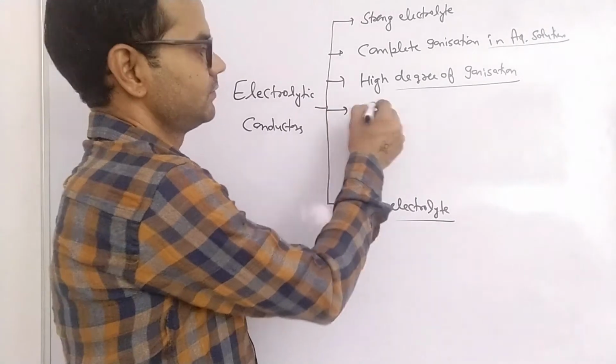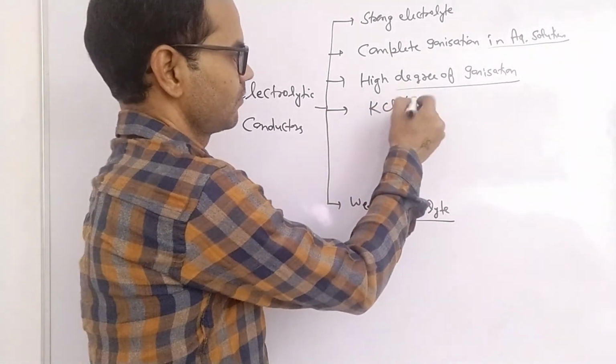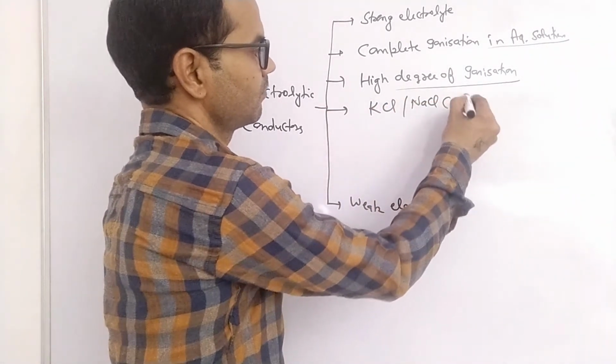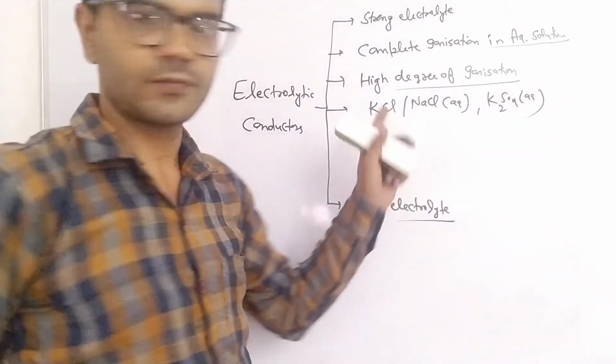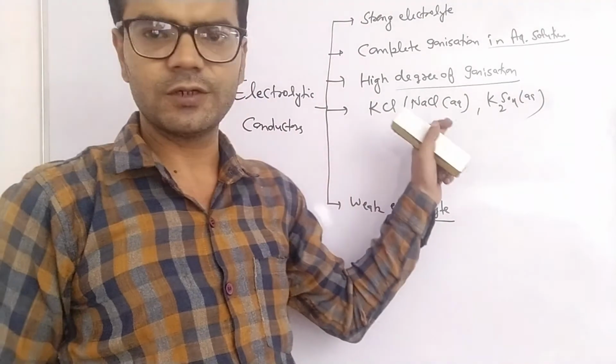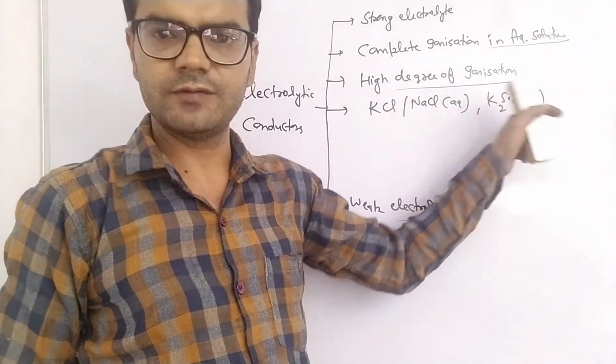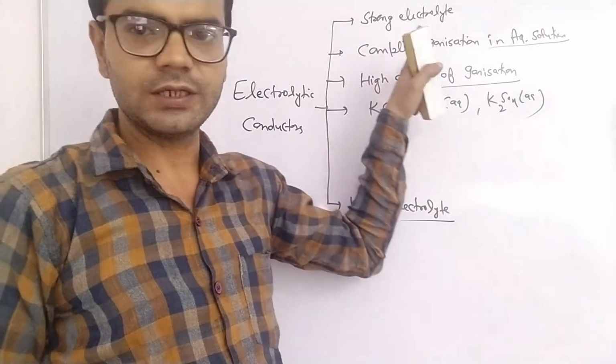Examples: KCl aqueous solution, sodium chloride aqueous solution, potassium sulfate aqueous solution, they are strong electrolytes.